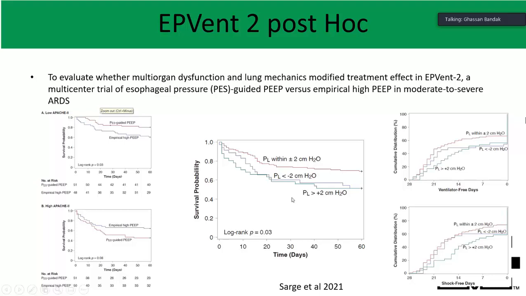If the transpulmonary pressure is 5, that means you're using too much PEEP and you're hyperinflating. And in both of these conditions, they showed that mortality is worse. So titrating your PEEP to 0 plus minus 2 resulted in better survival. It also resulted in better shock-free days and better ventilator-free days. Okay, so if you titrate your transpulmonary pressure to 0 using an esophageal balloon, you may get better outcomes.